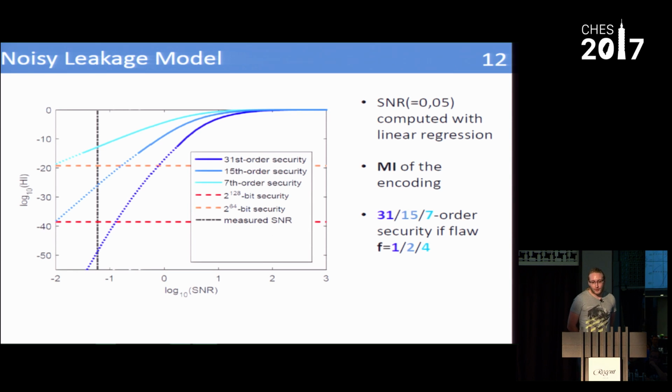For the 32-share, order 31 security, so when there is no flaw with the share recombination, we see that we have a security which is beyond 2 to the 188. And even when we have some flaw appearing, that is for the order 15 case, we have something which is still beyond 2 to the 64, which is quite nice.